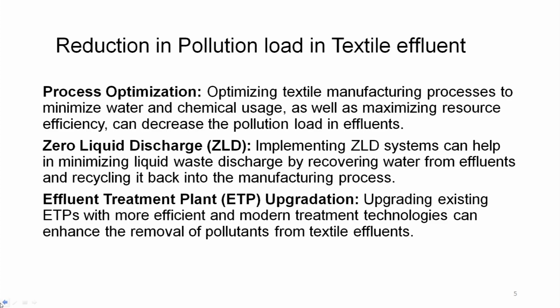Process optimization, we have even discussed this point in quite detail, that process optimization, chemical management have become now the need of the hour, because only by these two methods we can reduce the load. Some chemicals have to be used, there is no way out that we can omit them, but if they have to be used, they should be used optimally.